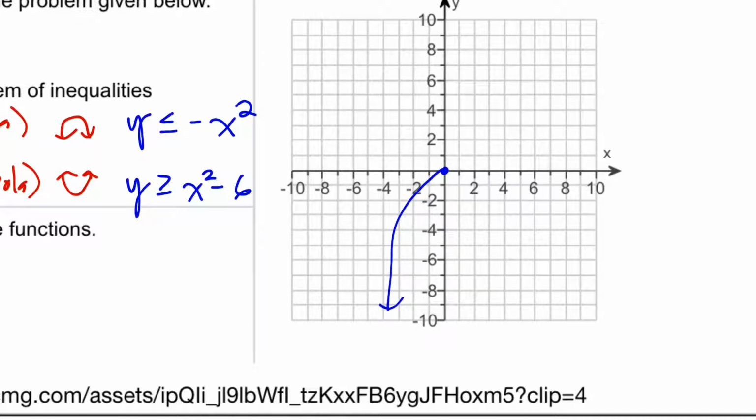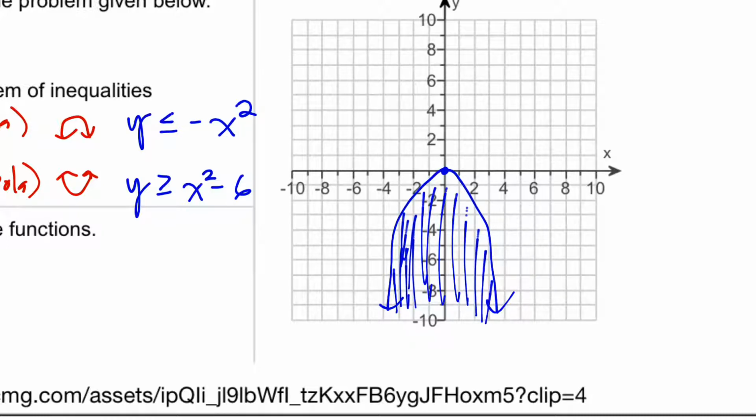So we'll just do a nice little sketch here. And they're both solid. Okay, and we know that since y is by itself, we can say it's below this graph here. So this is shade below because of the less than, and this is greater than, so shade above.